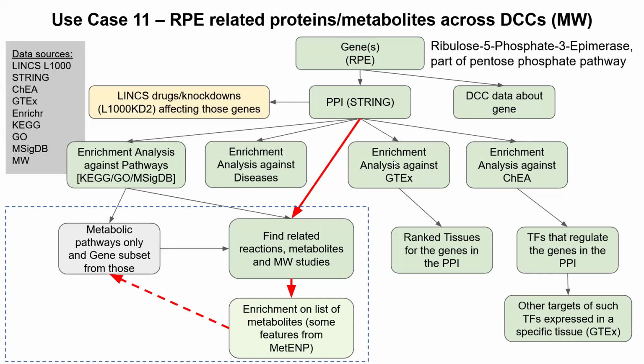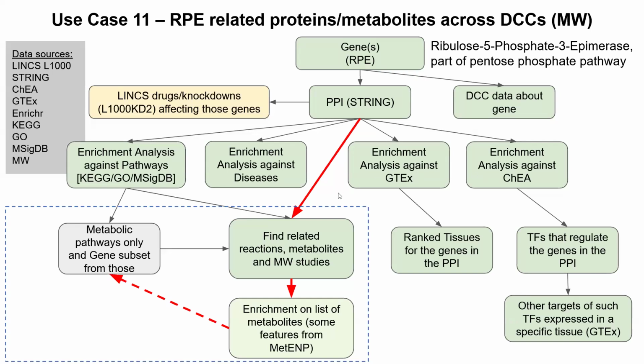And we can do enrichment analysis against information provided by the data coordinating center GTEx, which is essentially a collection of detailed gene expression values for different tissue types. And we can also look at enrichment against the ChEA database, which provides transcription factor target information.